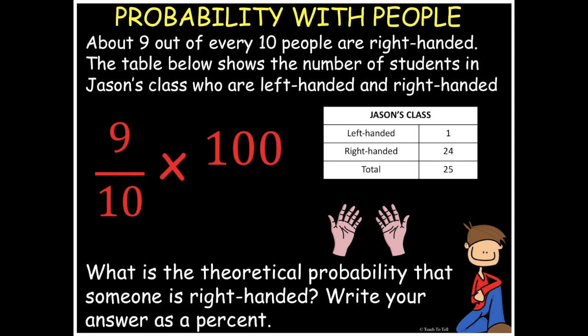So we can turn 10 into 100 by multiplying it by 10, because we know that 10 times 10 is 100. 9 times 10 is 90, so 90%. 90% of people technically should be right-handed.